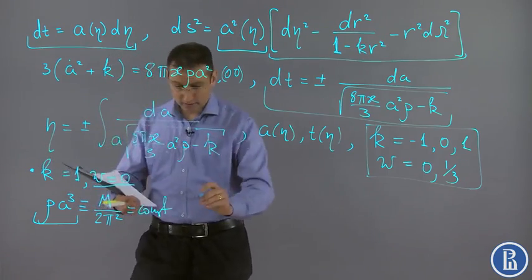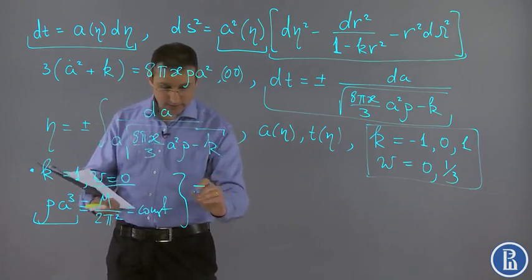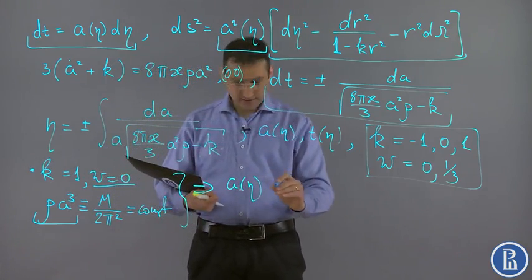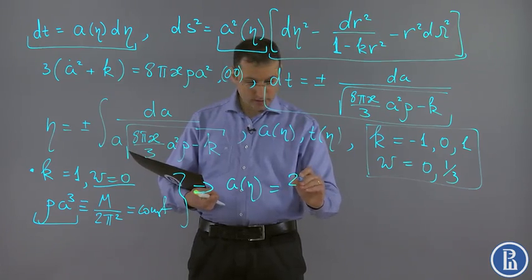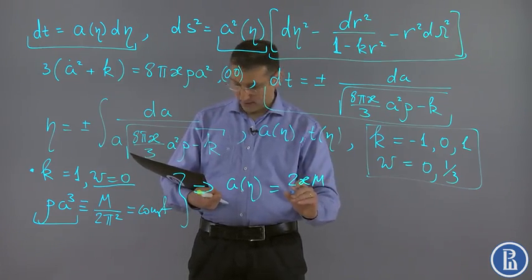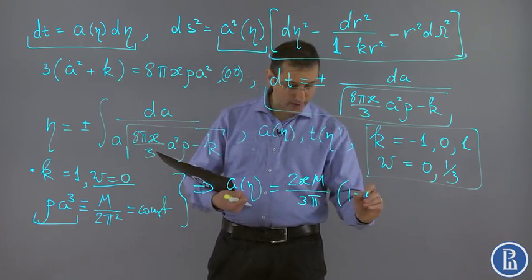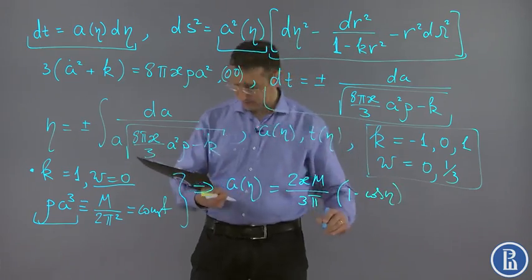and take the integral, we obtain, in this case, that a of eta is equal to 2 kappa m divided by 3 pi times 1 minus cosine of eta.